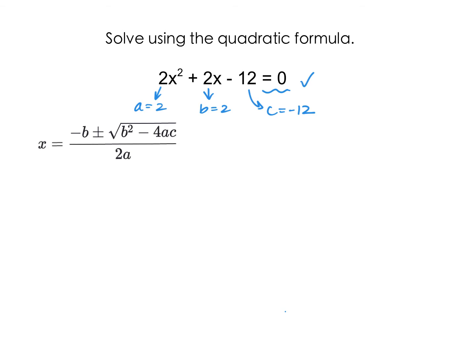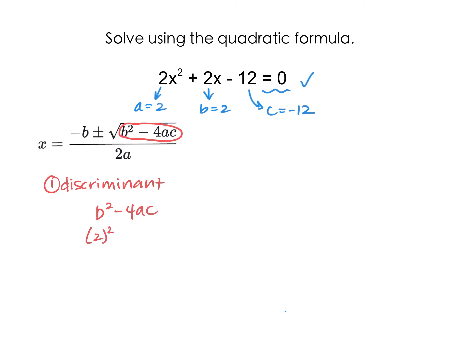Next, I like to break down the quadratic formula by first looking for the discriminant. The discriminant, again, is this part underneath the radical.